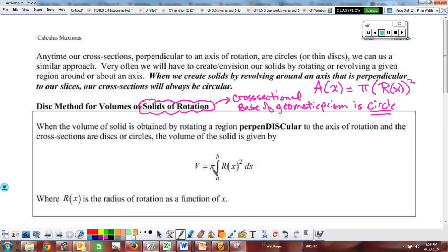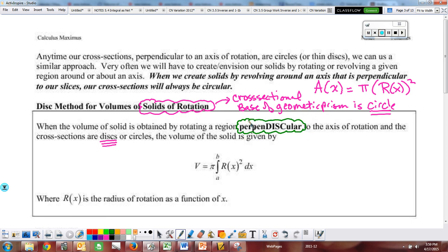So pi r squared dx is the volume of each prism that we sliced, of each slice. The slices are always going to be disks, and to find the volume, you add up the volume of each disk. Now, yes, this is not a word, but we are going to start using it because it's going to help us remember what we're doing.